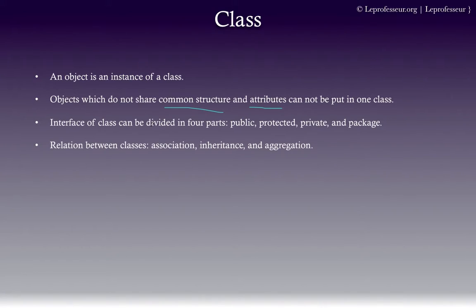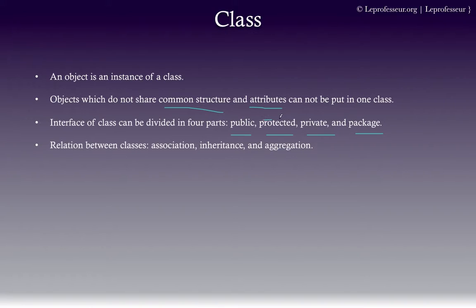So how do they interface with other classes? That interface can be divided into 4 parts: public, protected, private, package. Public means everybody can access everything. It's like going on a social networking website, whatever your photos, videos, everybody can see everything.